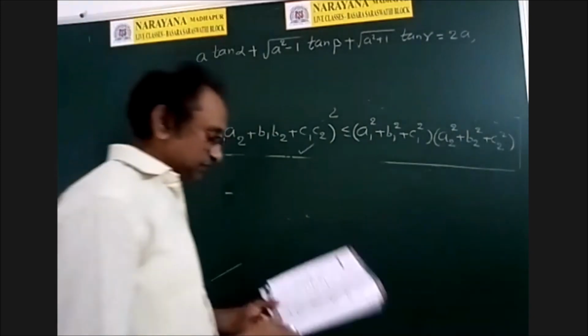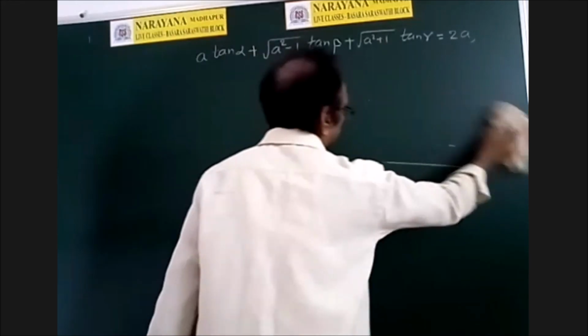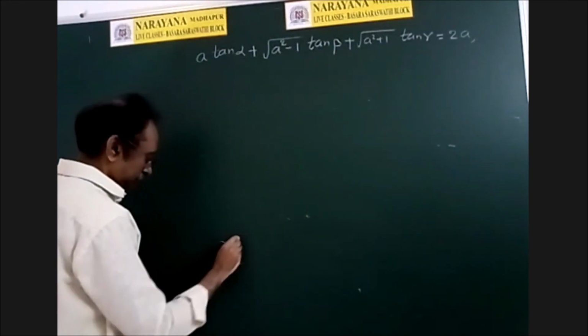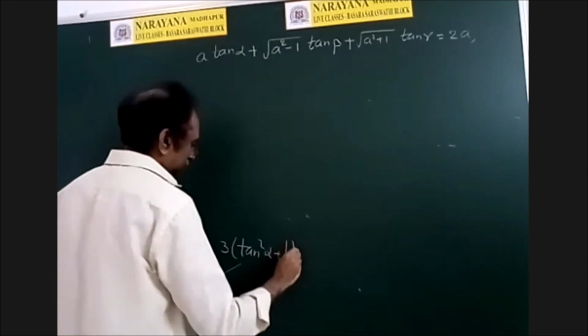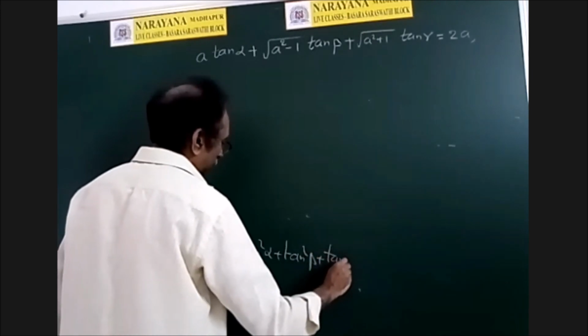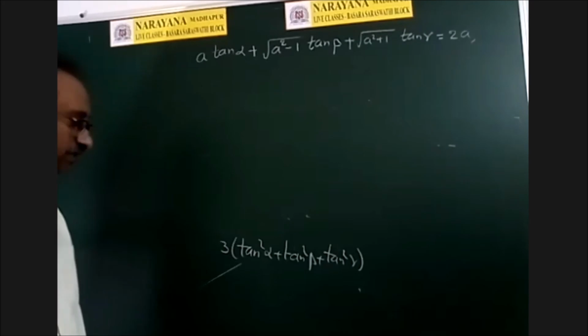Then what is the least value of 3 into tan square alpha plus tan square beta plus tan square gamma? That is the question.